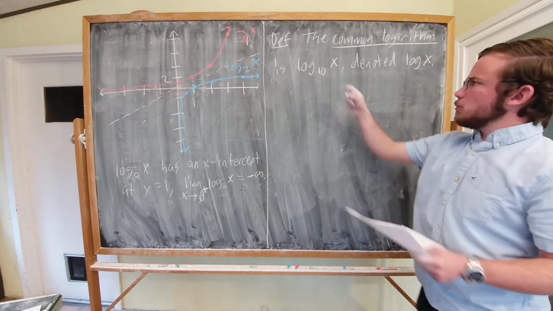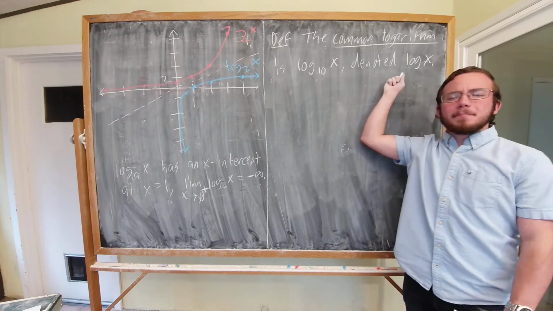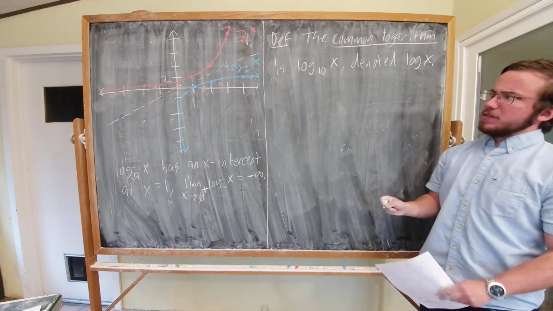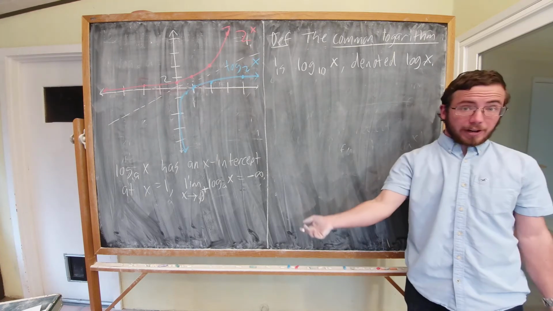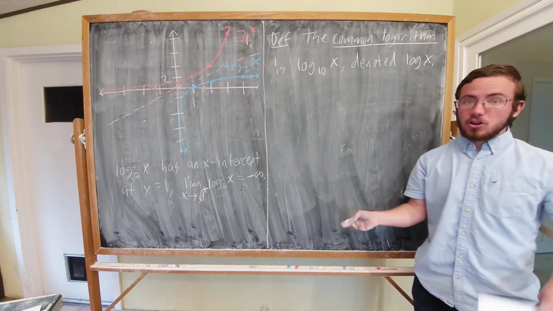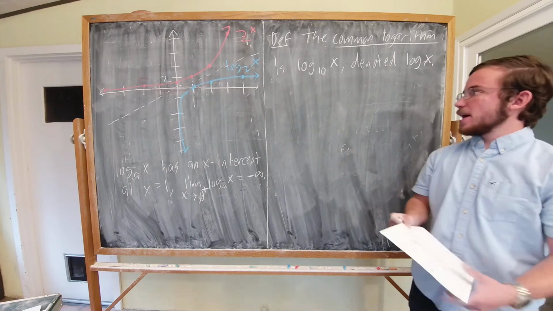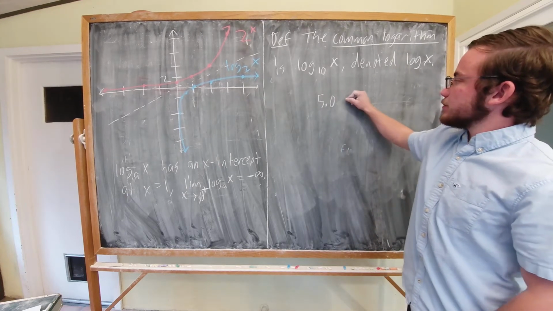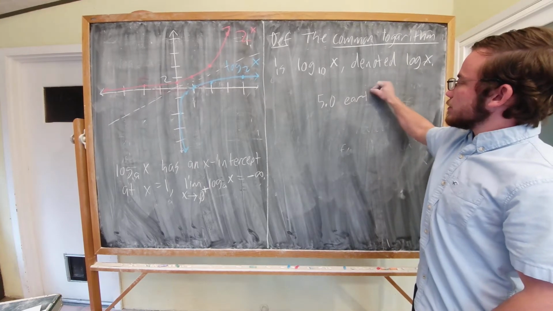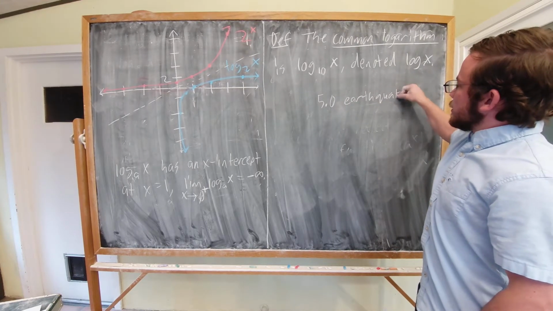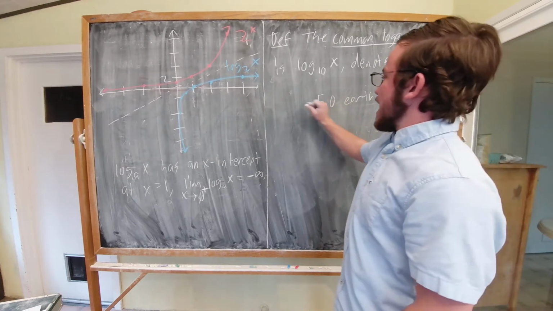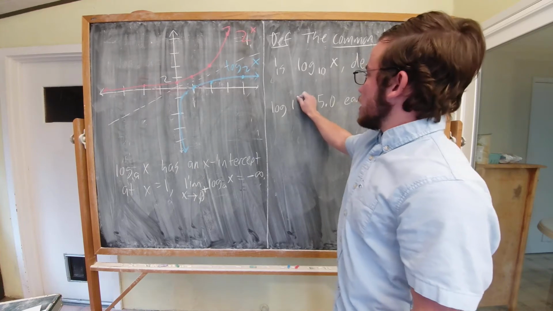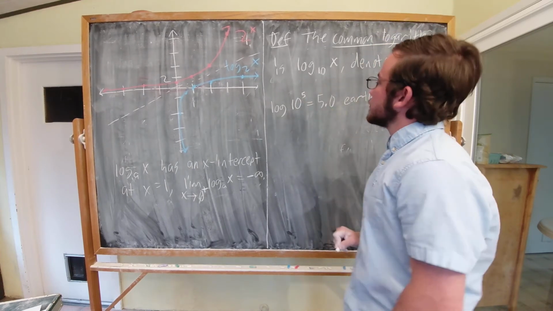So when we're working with log base 10, we just say, okay, omit the little 10 from the subscript, right? A lot of important things are log base 10 scales. For instance, the Richter scale, measuring earthquakes, is a log base 10 scale, which is why if you have a 5.0 earthquake, by definition, we can write this as log base 10, or aka log, of 10 to the 5th, right?